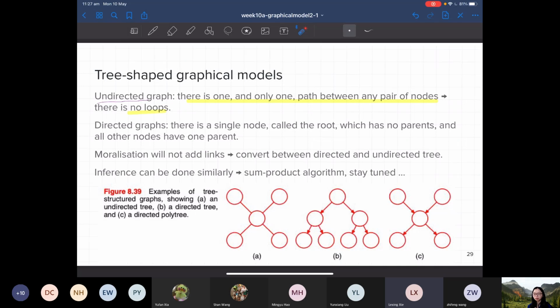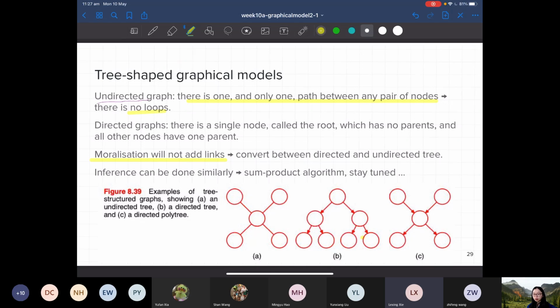For a directed graph, there's a single node called the root. Another corollary is that moralisation on directed trees will not add links, so we can simply delete all the arrows in a directed tree, and it will turn into an undirected tree.